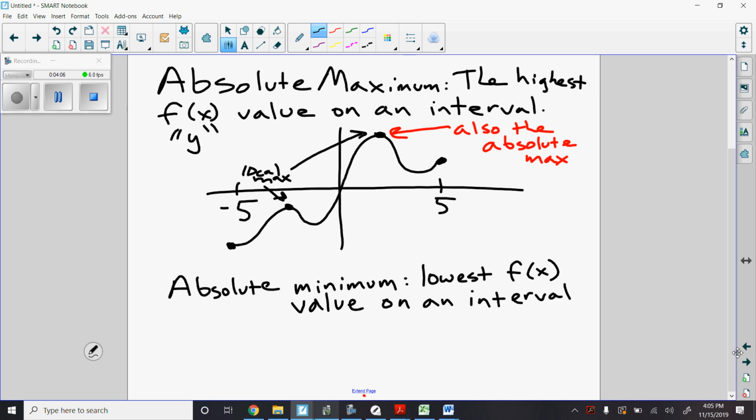If we use the same graph here, we see a couple of local mins here.